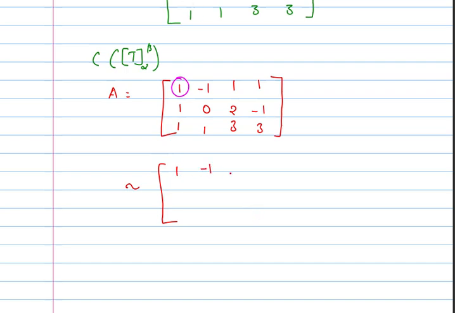In the second row, I want to make this position 0. So R2 becomes R2 minus R1. This becomes 0, this becomes 1, this becomes 1, this becomes -2. Next, I want to make this position 0 also, that is, R3 becomes R3 minus R1.